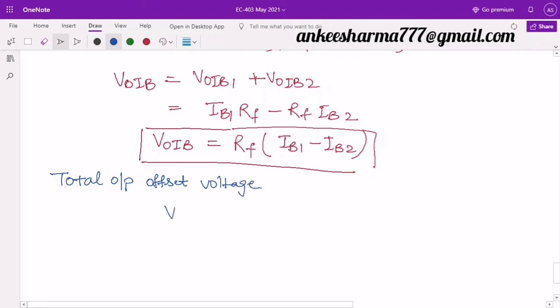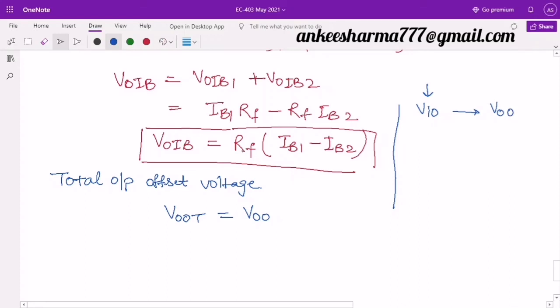can be written as VOOT, that is the total output offset voltage, right? So it will be equal to, one is due to the input offset voltage, denoted as VOO, that is the output offset. I will write here in the right hand side also for reference. One is the input offset voltage at the input side, and the effect of it will be at the output as VOO.